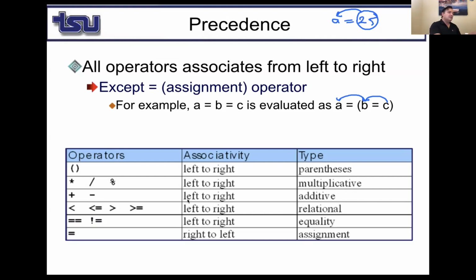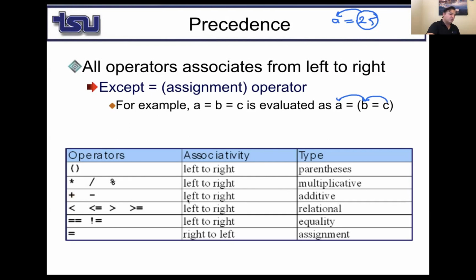So the evaluation is from right to left for assignment, but for any other operator, it is from left to right. And precedence, in other words, the order of operations. You first take care of what is inside parentheses. And then you take care of multiplicative operators, like multiplication, division, or modulus, from left to right. And then you take care of addition or subtraction, whichever comes first.